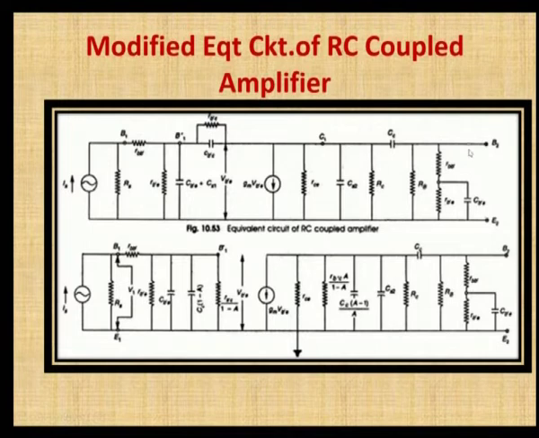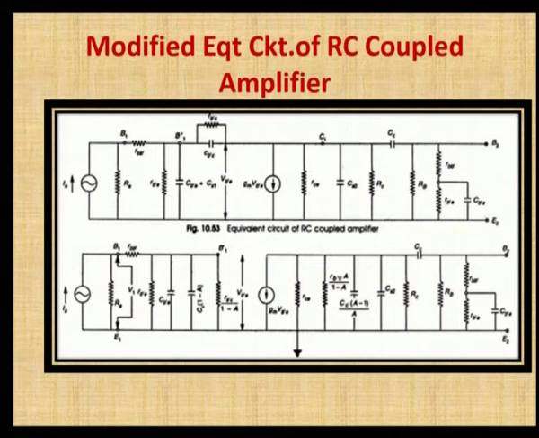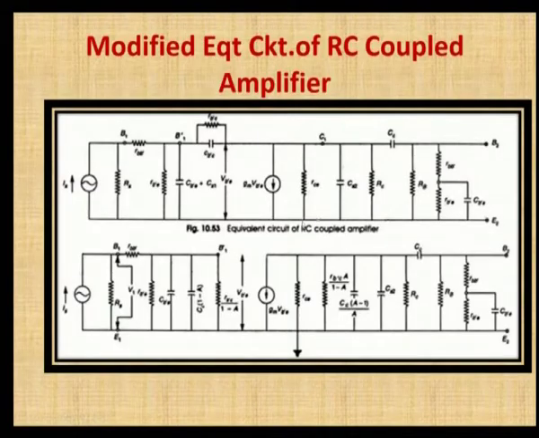So, to draw this circuit, you have to thoroughly know how the hybrid equivalent circuit is drawn for the amplifier or for a BJT circuit. We have seen it in the last session. Out of 4 parameters, only 2 are considered, input impedance and output admittance. And here this is the pi model, that is the hybrid model for high frequency analysis.